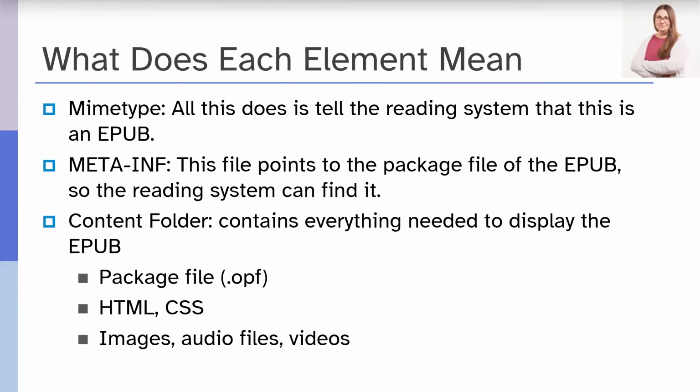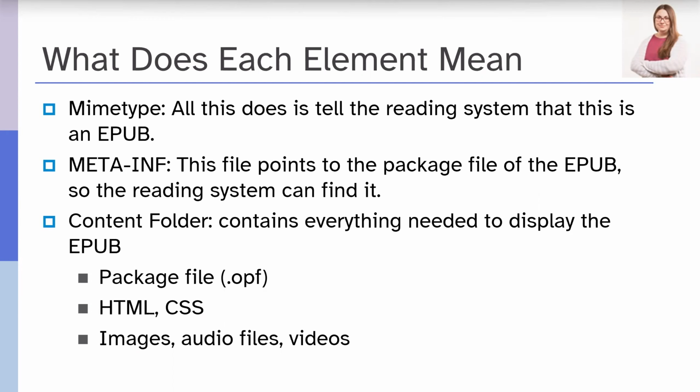So what we've done is just broken them down into their basic meanings. The MIME type, all this does is it tells the reading system what you've just opened as an EPUB. So it gives the reading system an idea of how it's supposed to interact with the file. In this case, the reading system is iBooks, Readium, VitalSource, any place where you open up your EPUB.